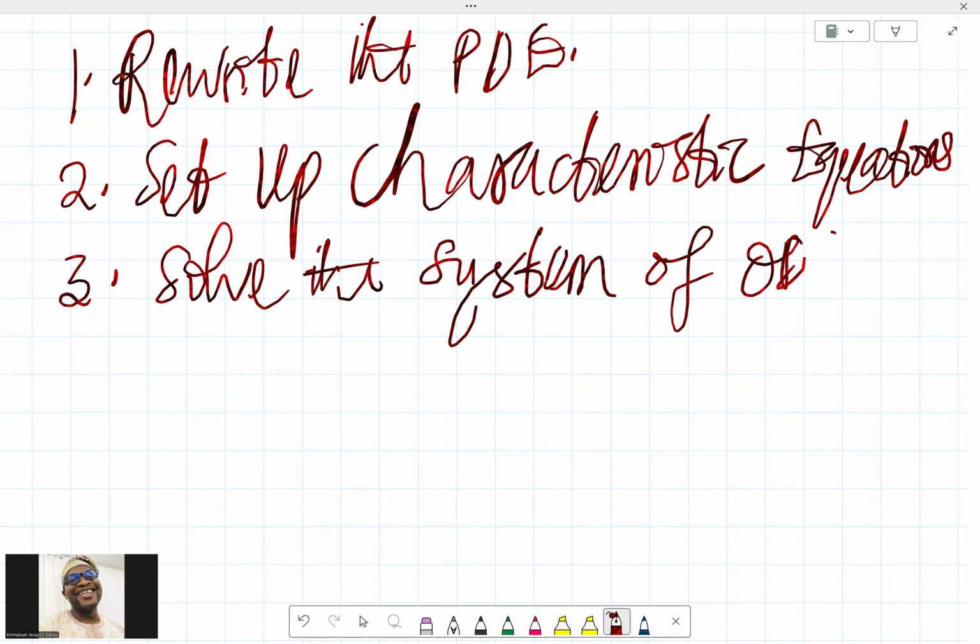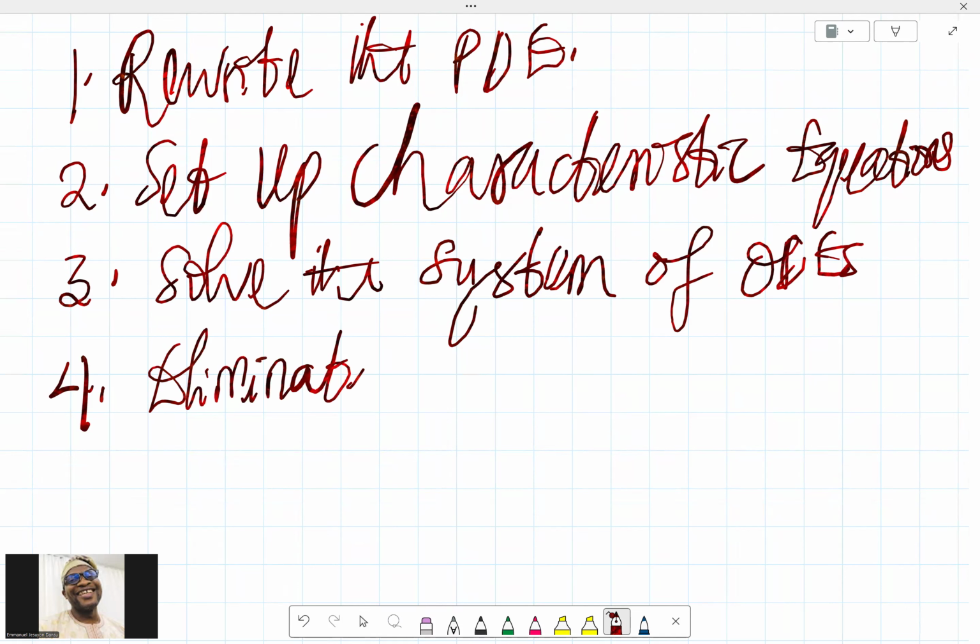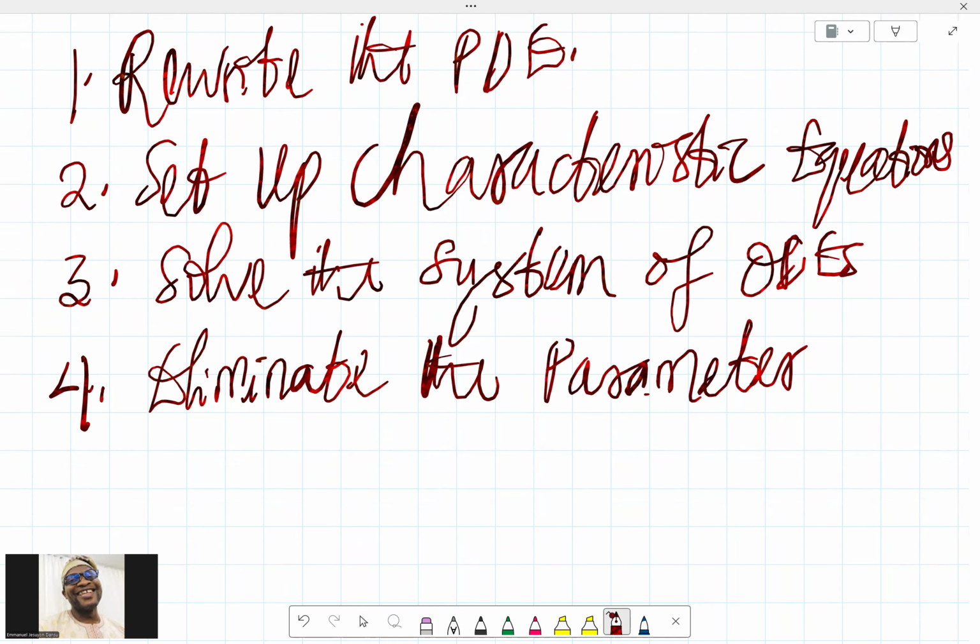Usually, they are very simple systems that you can just integrate directly to find the relationship between the variables. And number four, you eliminate the parameter, which is usually s. Once you have solutions for the characteristic equations, eliminate the parameter to obtain the solution for the original PDE.